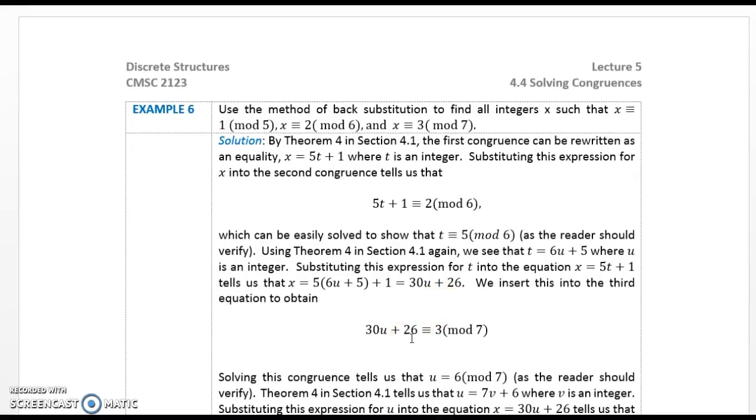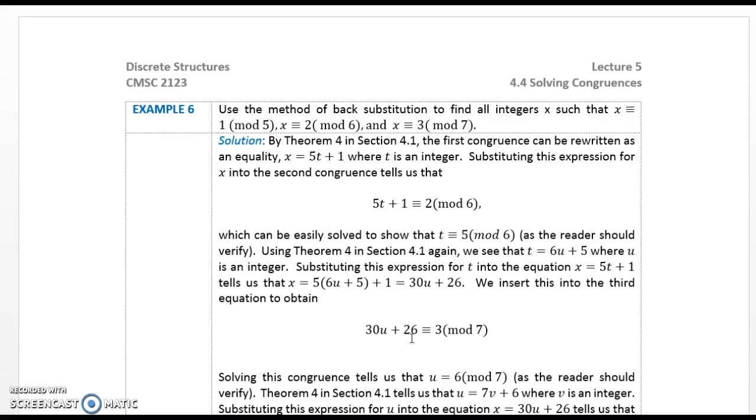Example 6. Use the method of back substitution to find all integers x such that x is congruent to 1 modulo 5, x is congruent to 2 modulo 6, and x is congruent to 3 modulo 7. By theorem 4 of section 4.1, the first congruence can be written as an equality.